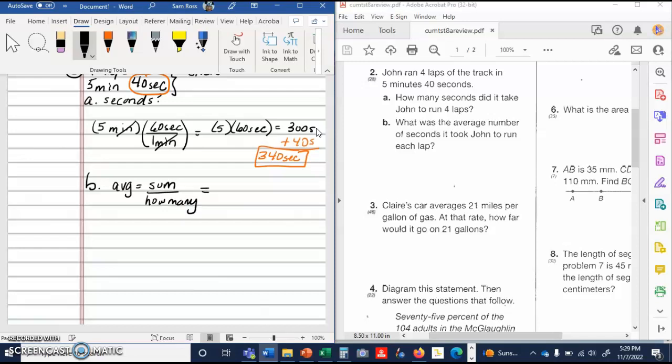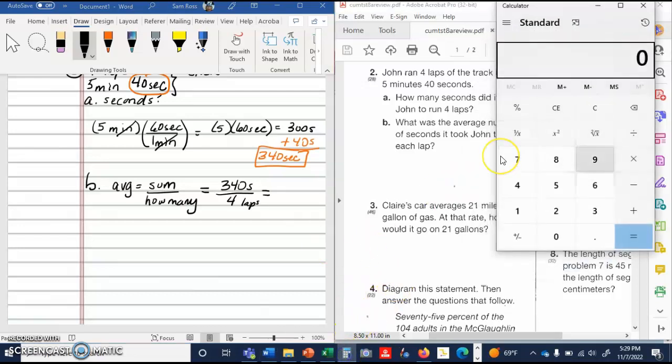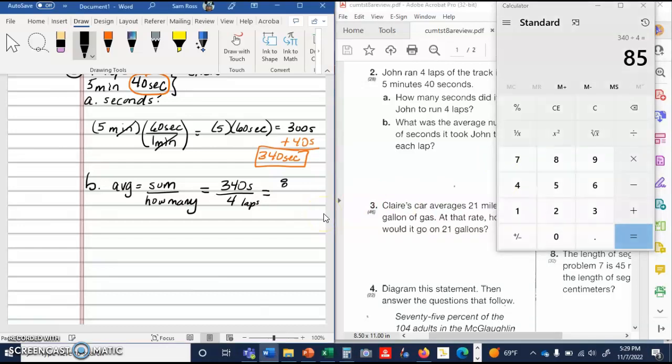Here, the sum of all 4 laps was 340 seconds. How many laps was it? It was 4 laps. So 340 divided by 4 equals 85 seconds per lap.